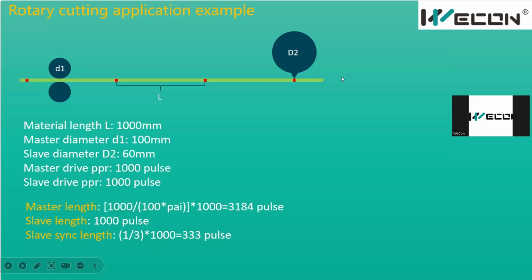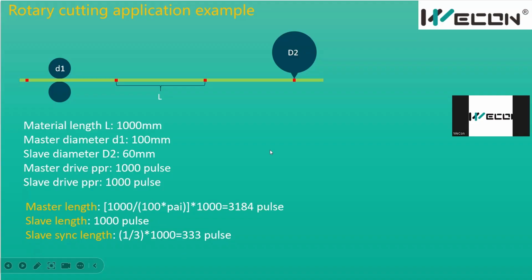If the gear ratio of the slave is 1 to 10, then we need to set the slave length as 10,000, because the servo rotating 10 turns will make the cutter rotate one turn, and our slave length is the length of the cutter rotating one turn. So we need to make our driver rotate 10 turns to make the cutter rotate one turn.